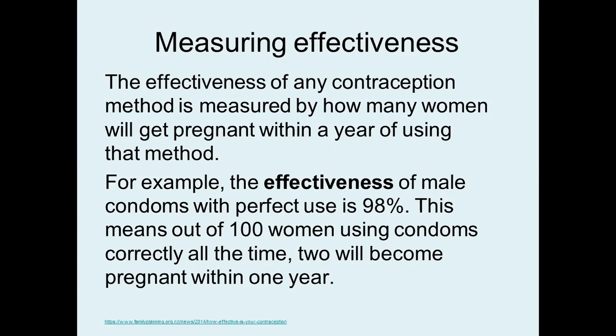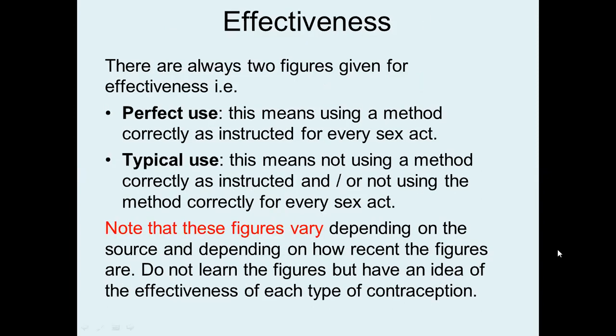So for example, if the effectiveness of male condoms with perfect use, and we'll talk about perfect use versus typical use, is 98%, it means that out of 100 women using male condoms correctly all the time, 2 will become pregnant within 1 year. So that is what effectiveness means.